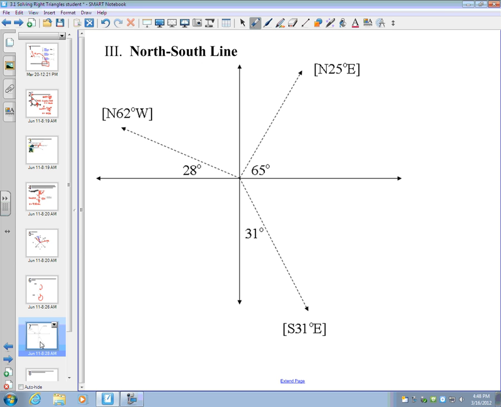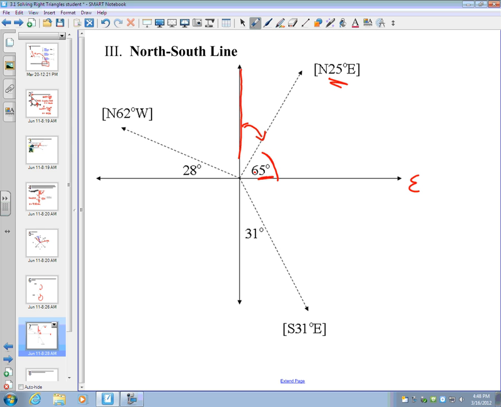As well, sometimes they can be given in this form, where we say we go north 25 degrees east. So that means you start at north, you rotate 25 degrees towards east, so 25 degrees. And what's interesting here is you get some nice reference angles. So this is the same as having 65 degrees there, because 65 plus 25 is equal to 90.